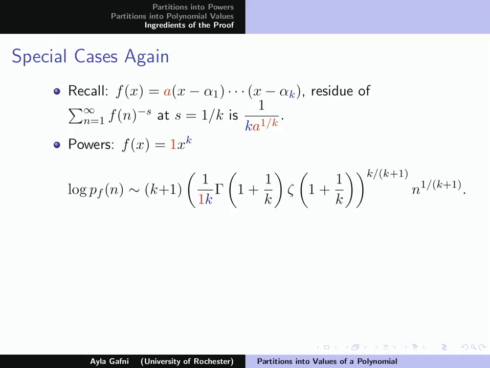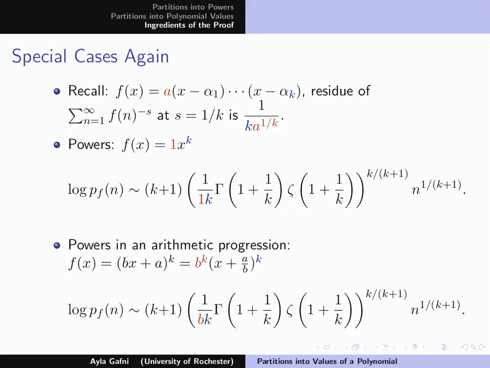So if we look at powers, where our leading coefficient is 1 and our degree is k, then we have this residue appearing right here in this constant. And if we look at the powers in a residue class, where we do have an actual leading coefficient, then we also see the residue appearing right here in this part of the constant.